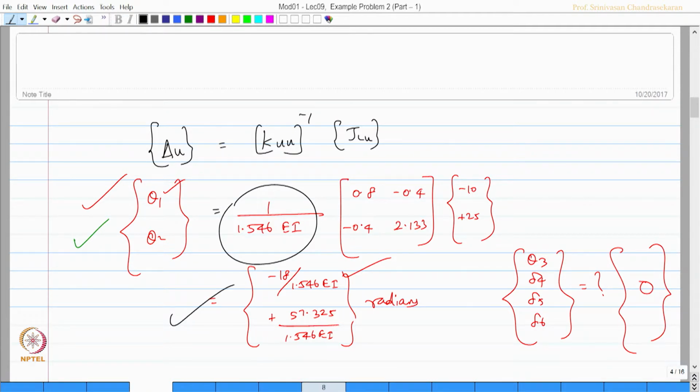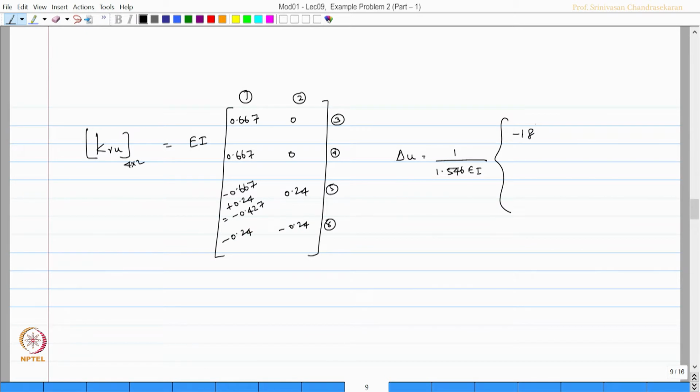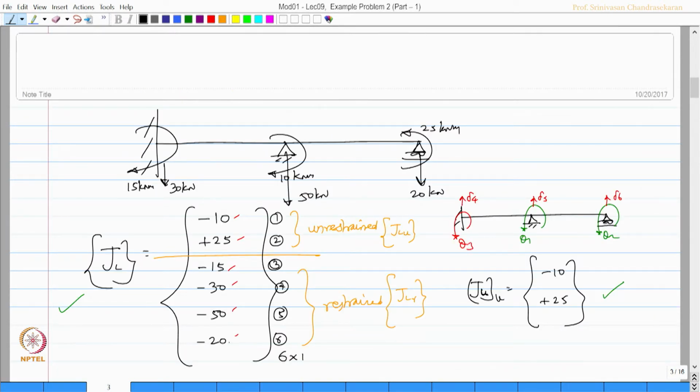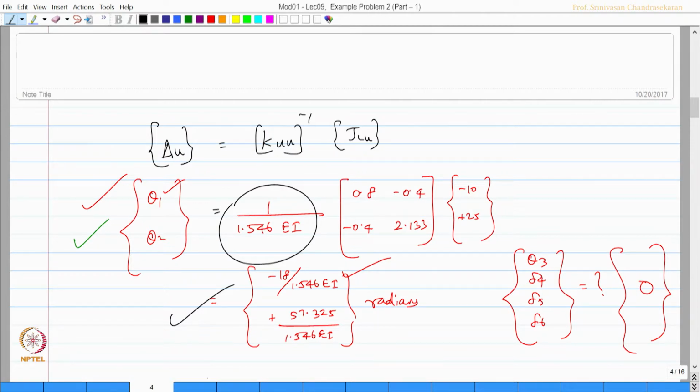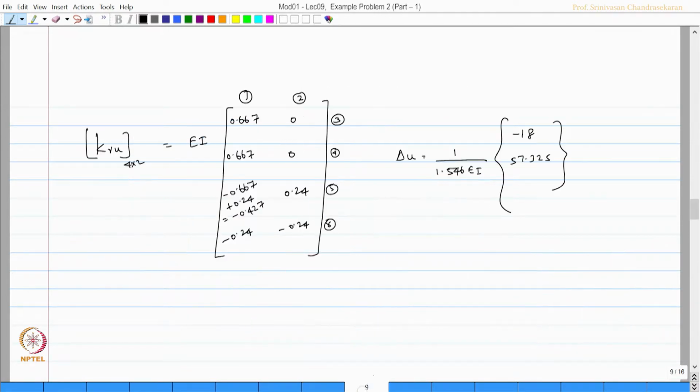Let us rewrite it here: minus 18 and 57.325, that is the value we have here. 1.546 common, 18 and 3.25. So, that is what we are having here.